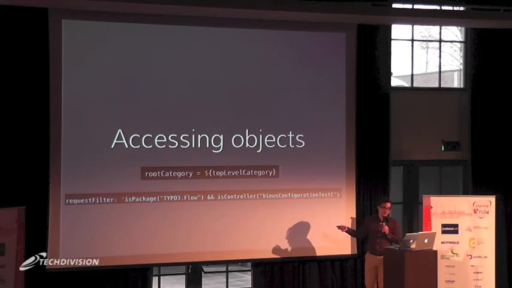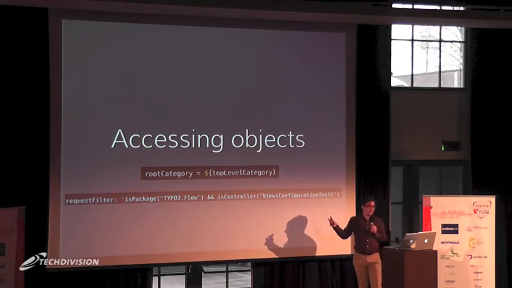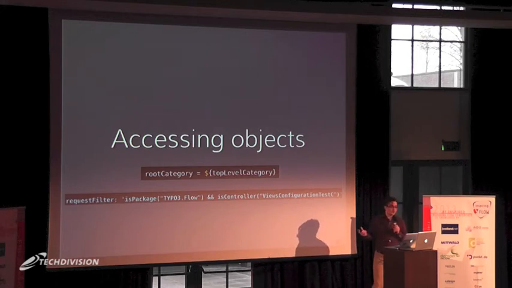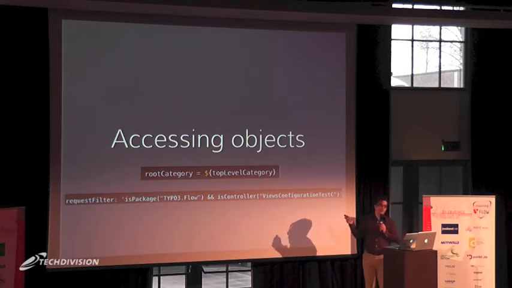Another example is this one, where the EEL is used standalone outside of TypoScript. It's from the new views configuration that's still under review, but the example would work when you use it with EEL. The idea is that here we put as a context not a collection of different objects, but just one object.